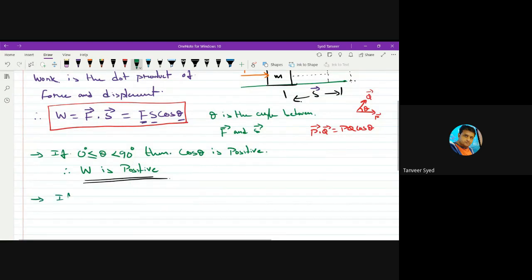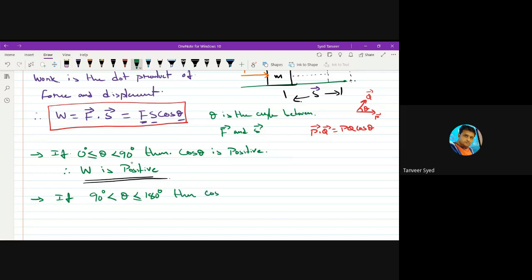I will take this case first. If 90 degree is less than theta less than or equal to 180 degree, that means this is the second quadrant.